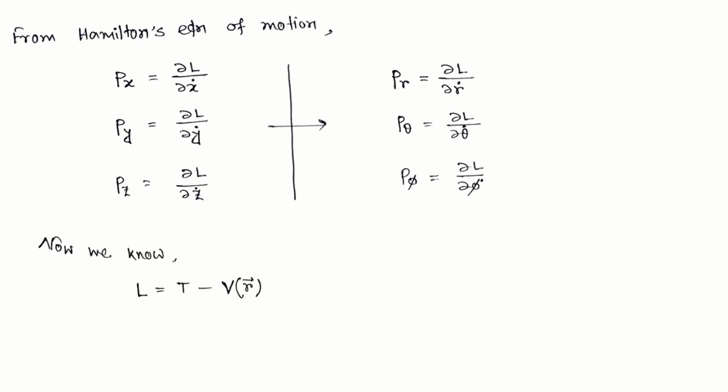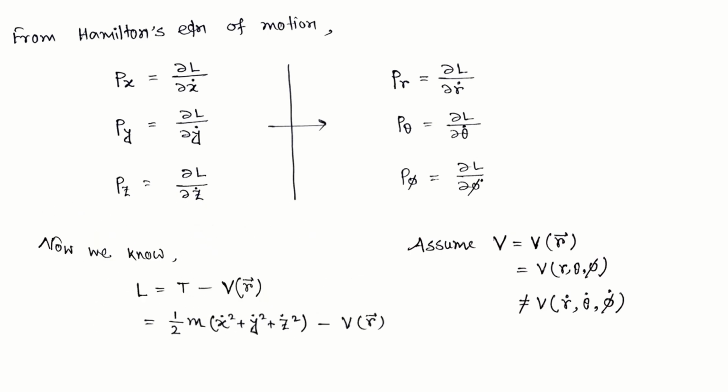Now we know the Lagrangian. This is basically T minus V, and here assume that V is only a function of position, not a function of velocities. So now we can write the kinetic energy like that, and the potential energy.